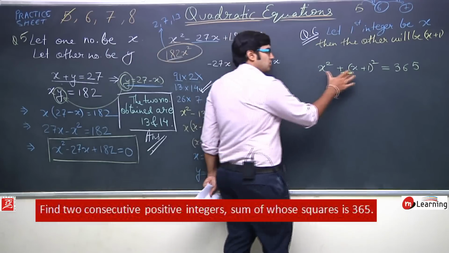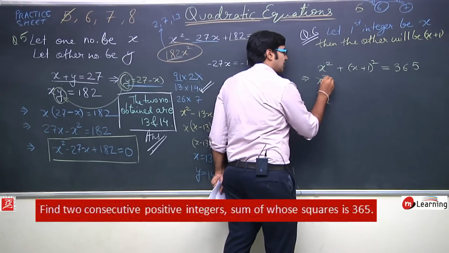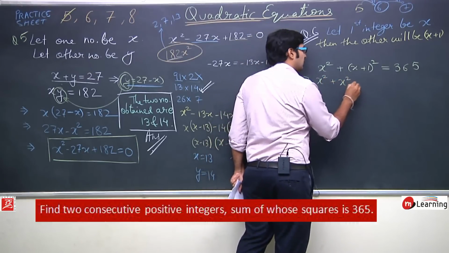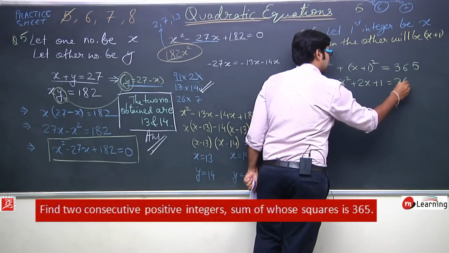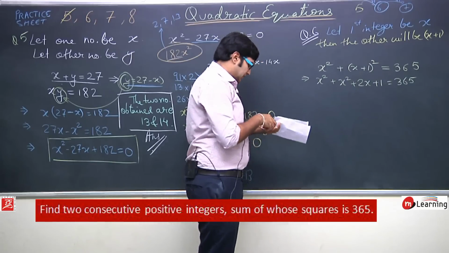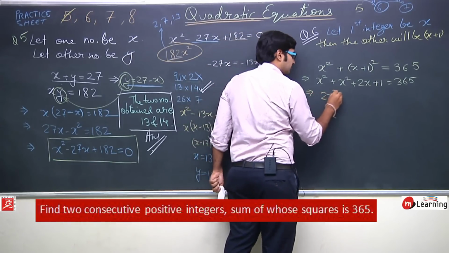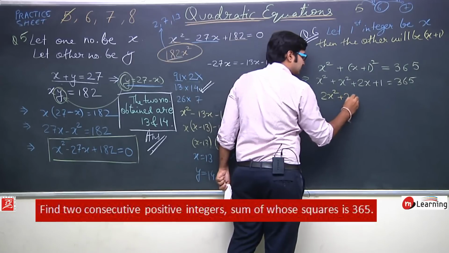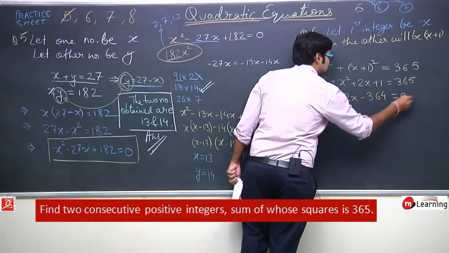Now simplifying this, it will give you x square plus 2x plus 1 is equal to 365. Now further simplifying it, it will give you 2x square plus 2x minus 364 equals 0.